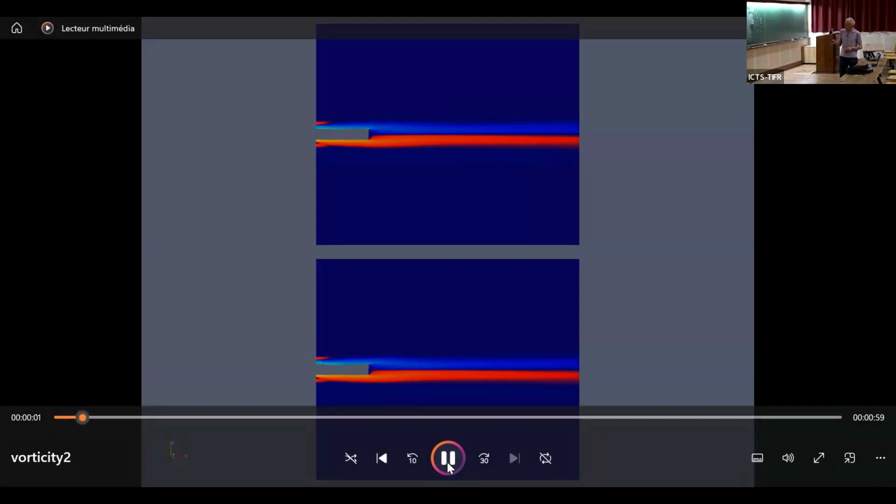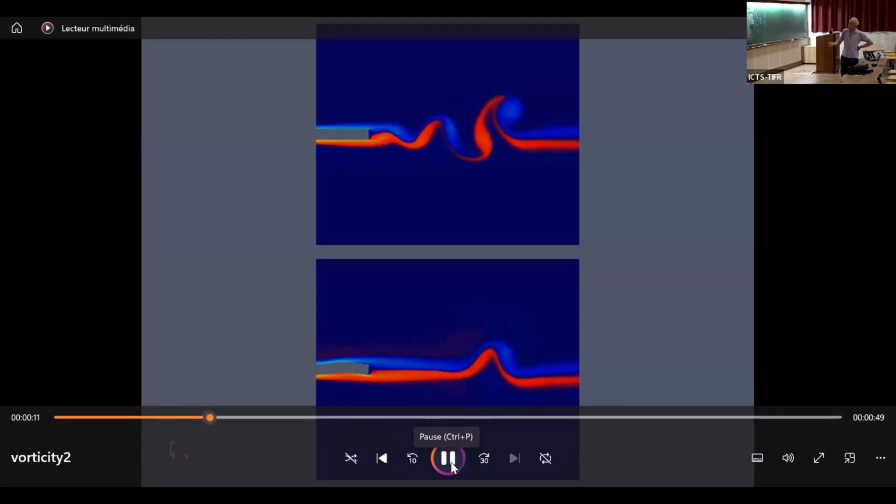Okay, so due to some perturbation at the inflow boundary condition, we see the shedding of vortices, and this is the same simulation with the control. So the plate is deformed like that. There is still some oscillation, and we are going to see that after a long time, we come back to the full stationary solution.